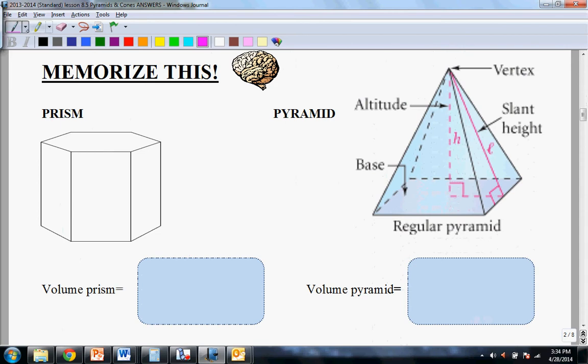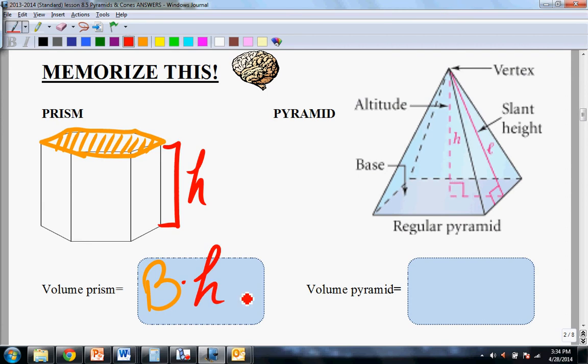Okay, so let's do a quick comparison. When we want to find the volume of a prism, we find the area of the base, that's capital B, times the height.